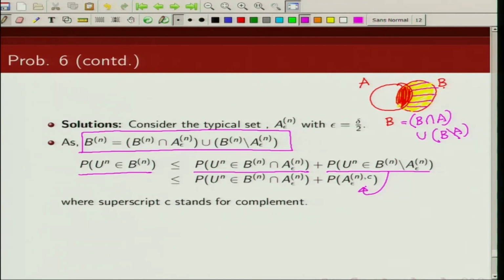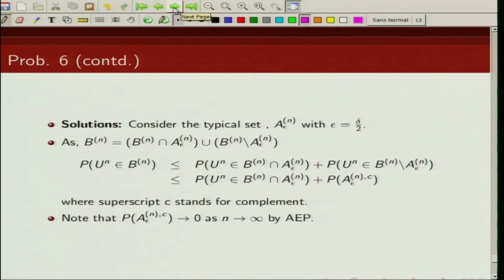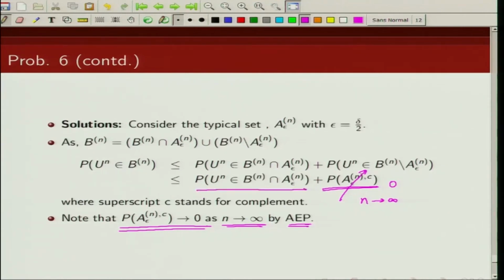Now from the asymptotic equipartition property, we know that as n goes to infinity, this probability is negligible. It was very small, some epsilon, so this goes to 0. So as n goes to infinity, the limit of the probability would be upper bounded by the limit of this probability.